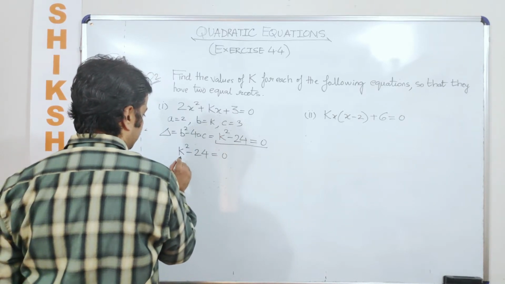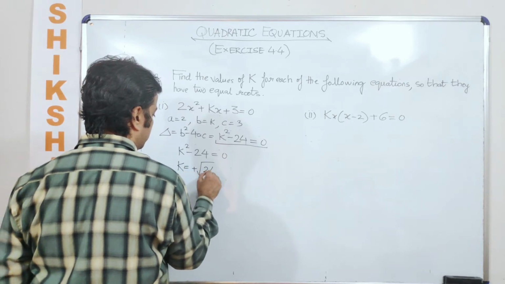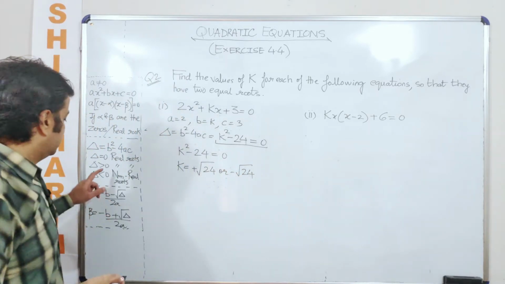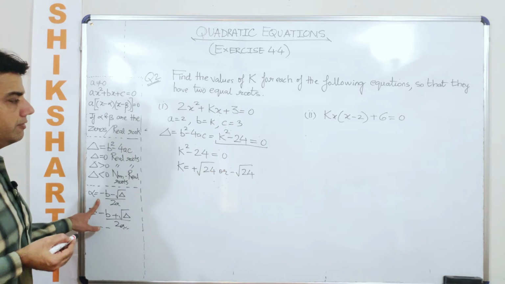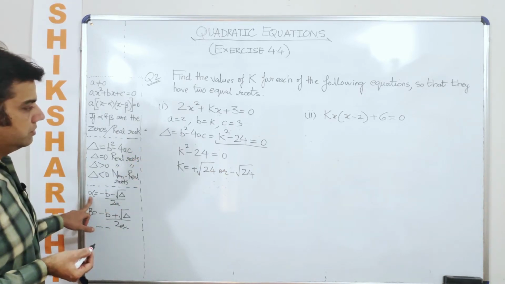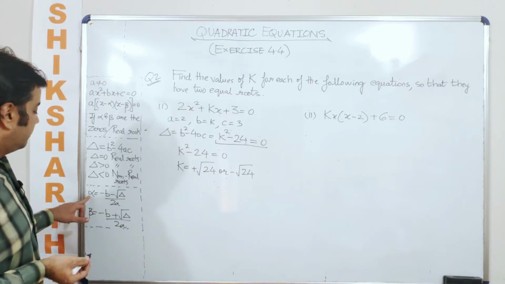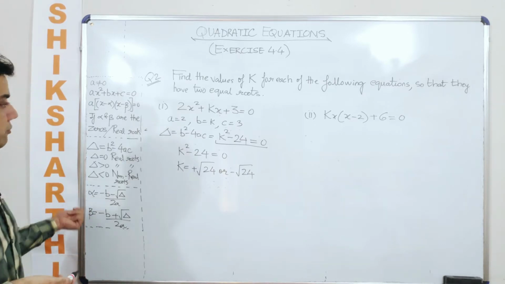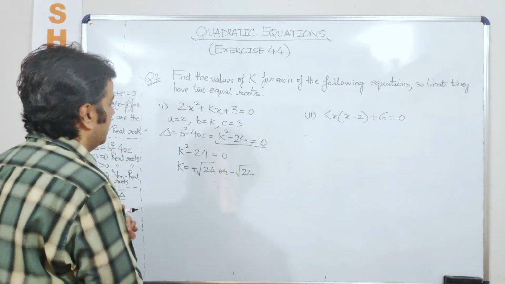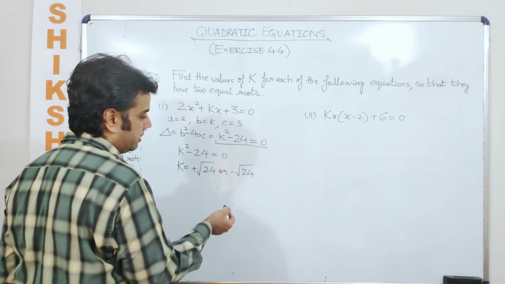So can I say that k is plus root 24 or minus root 24? This is using the concept of delta only. You already have the discriminant equal to 0, right? So in that case you have two equal roots. Now there are two values of k that we are getting from here.